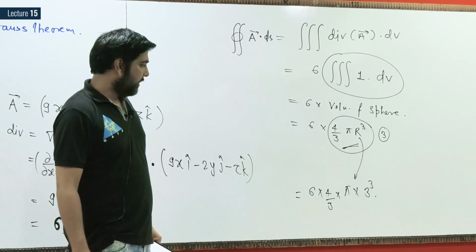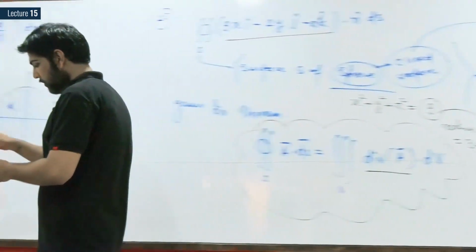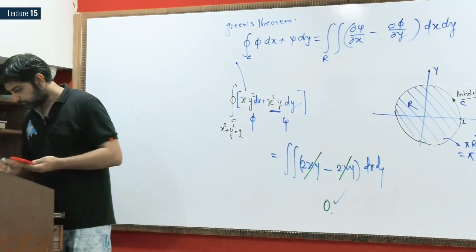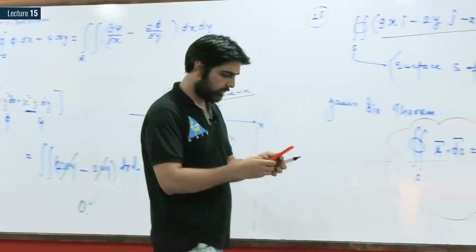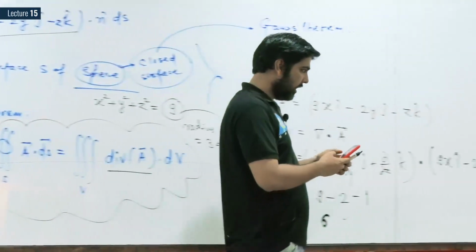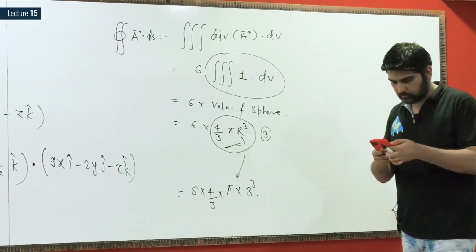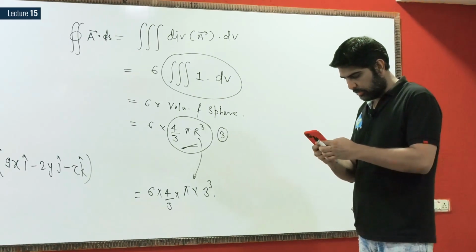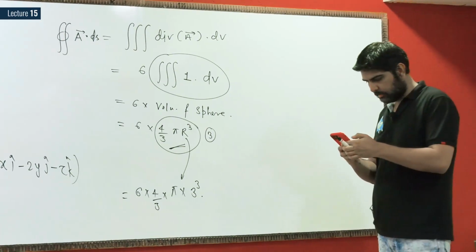You need to evaluate it right now. I am also calculating it. Let me check the answer also. The answer is 678.5. Let me calculate it also, because this is the last question, so I need to check, my dear students. Calculator.